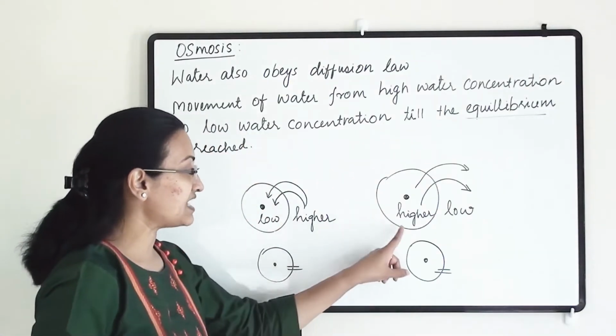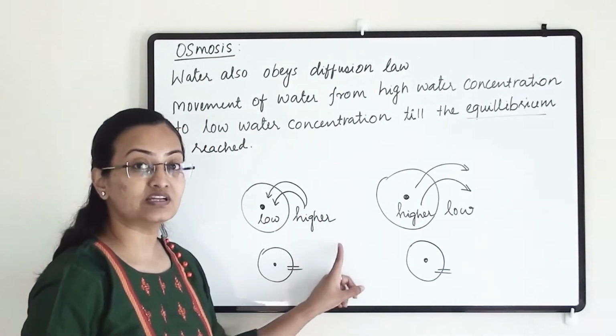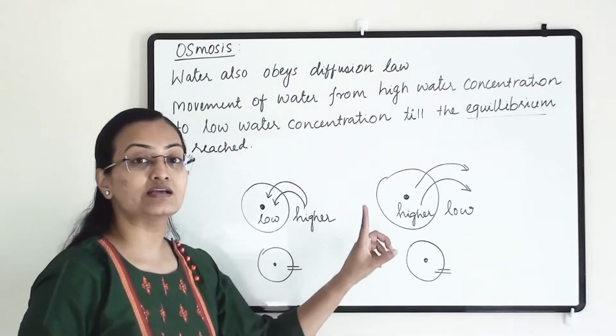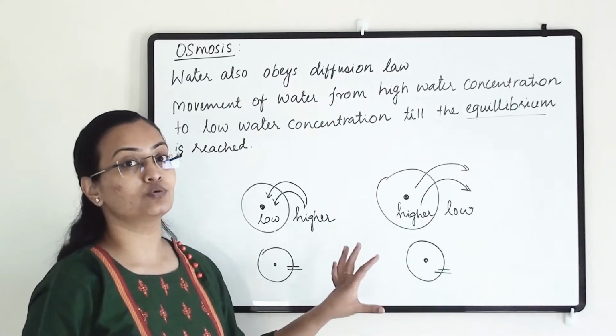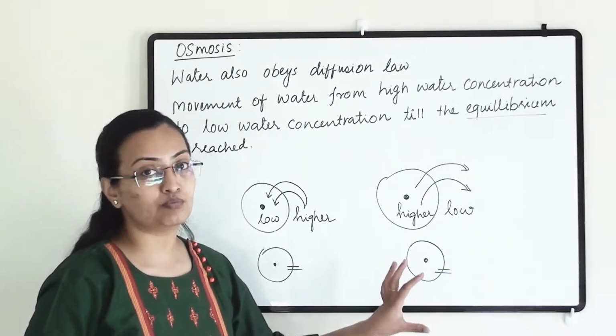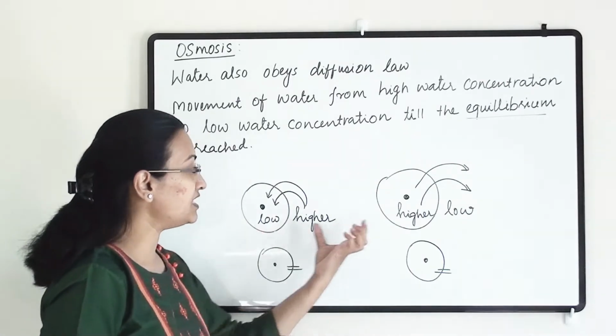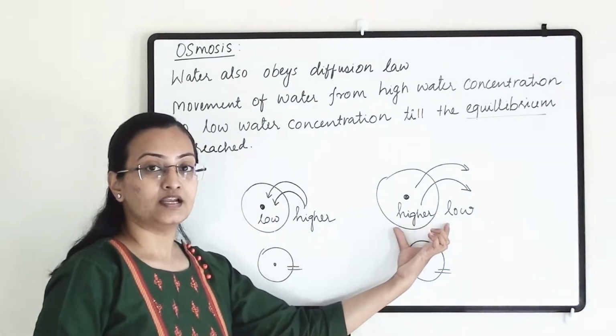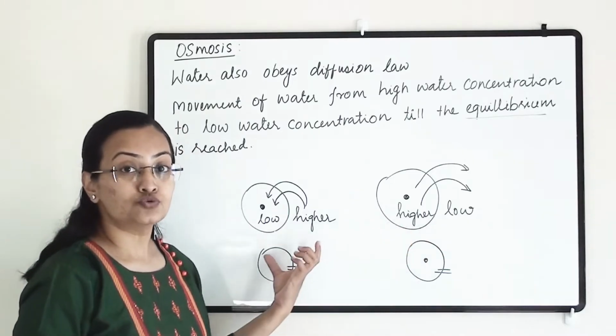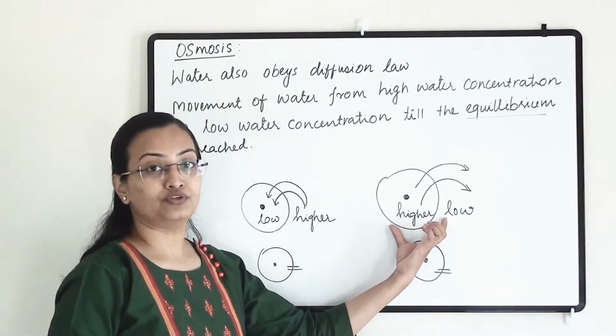So on both sides the movement of water is permitted by the plasma membrane. That's why it is known as a selectively permeable membrane: it permits this movement to settle the equilibrium of the water.